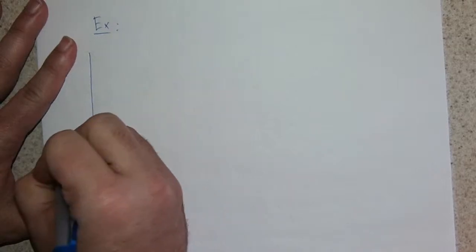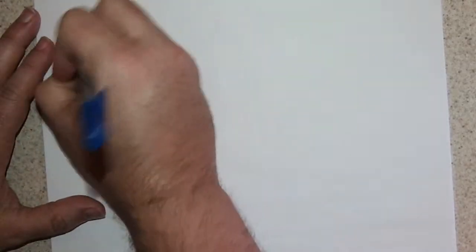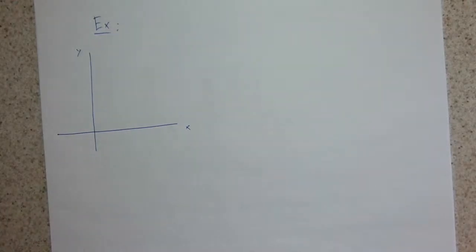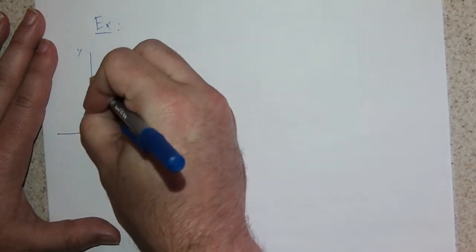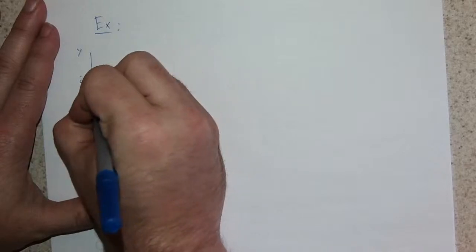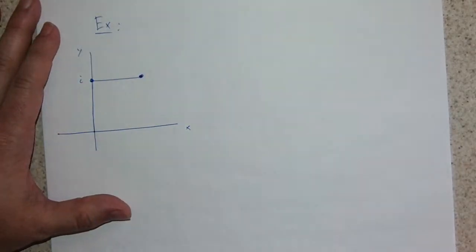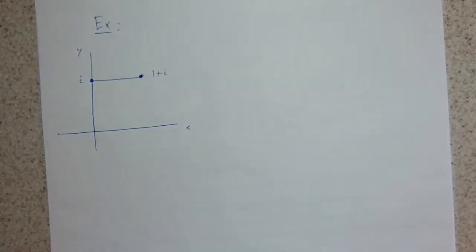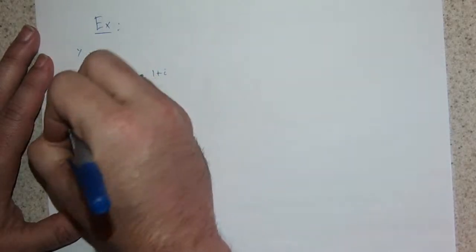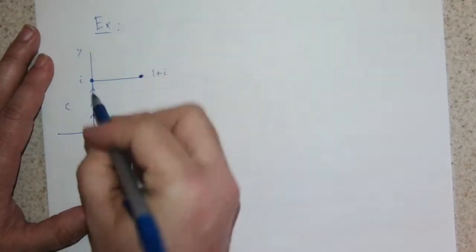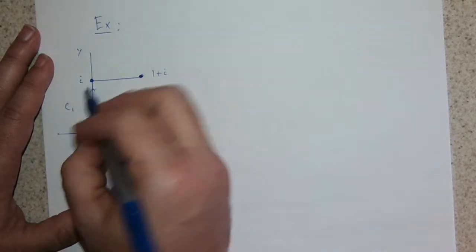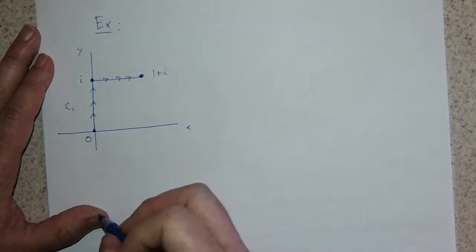I'll use the same notation that is used in the textbook for this example, so that if you're following that, there's some consistency. Let's say that we have the XY plane here, and I'm going to talk about two paths. One is the path that goes up the y-axis to the point i, and then goes over to the point 1 plus i.